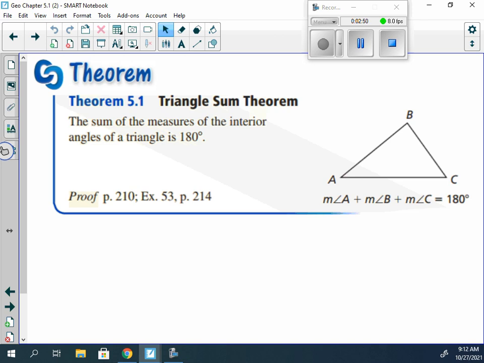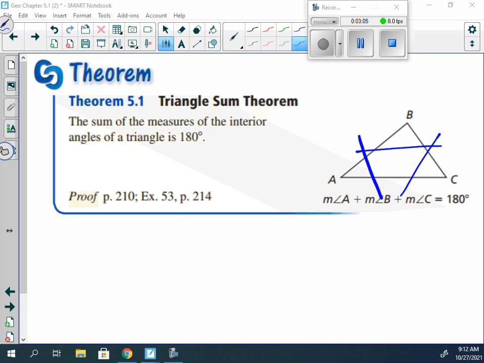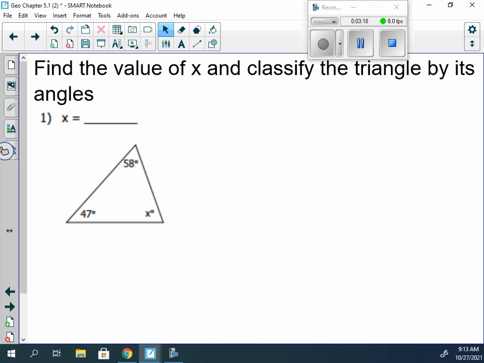Because we could take the triangle and copy it over 3 times and line up A, B, and C, and it'll show us that they make a straight line. Or if I take this triangle and cut the 3 angles out, purely just the angles, and line them up, it will make a straight line. It'll make it so that it's 180 degrees, is one of the proofs for it.